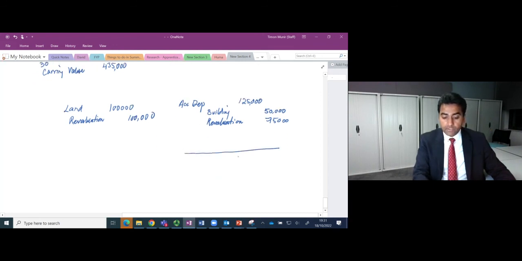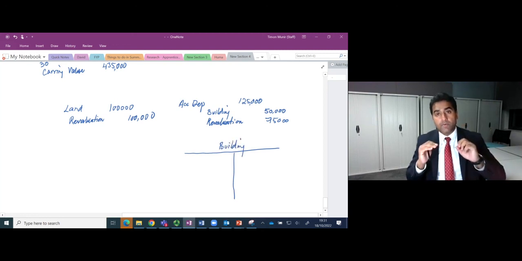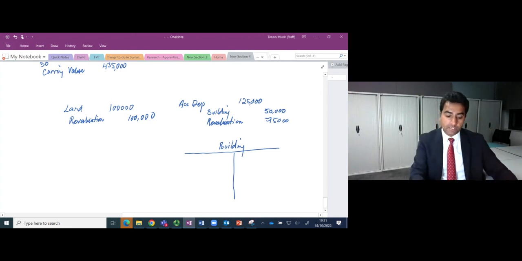If I draw a T account of the building, originally when I bought this property, the value was 500,000. I will record it on the debit side. And looking at this double entry above, building is credited by £50,000. If I close this account, the heavier side is the debit side, £500,000.